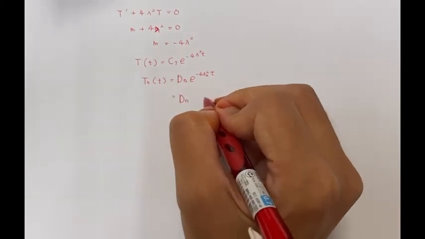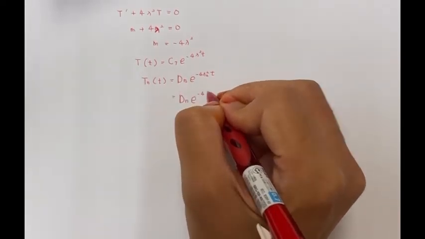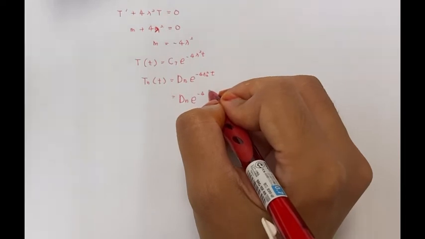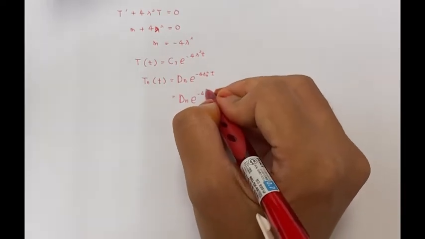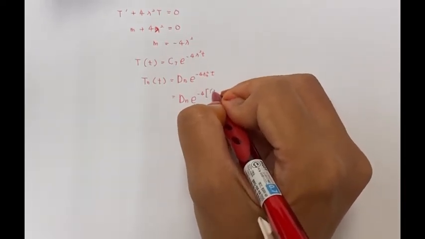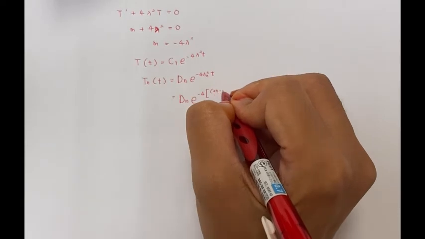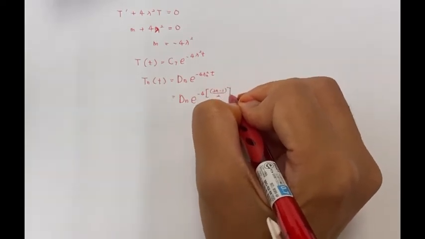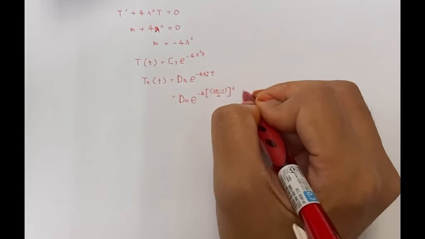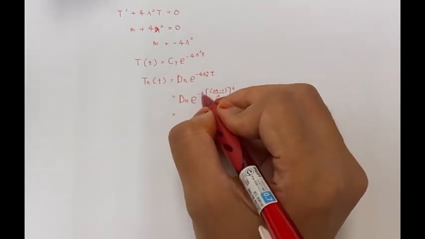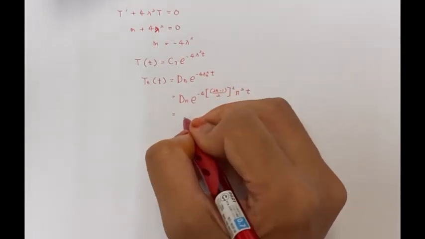Substitute λ square, λn. Previously, λn is equal to (2n minus 1) divided by 2, square. This is 2, 2 square is 4, so you can cancel this 4 with this 4.